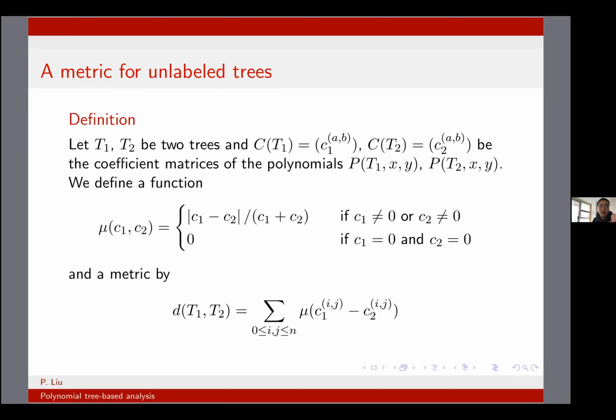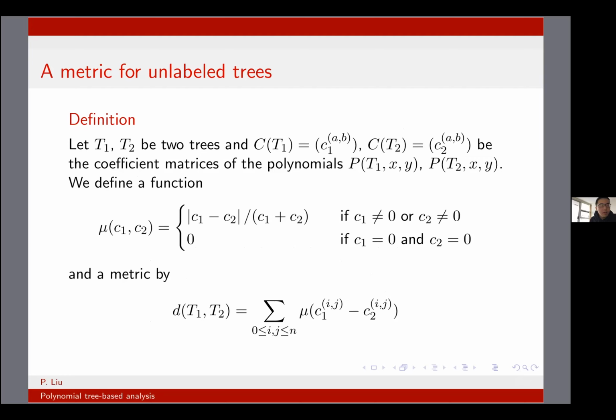And then we define a metric for unlabeled trees. The metric is basically, we find the corresponding coefficients, take the absolute value of their differences and divide by their sum, so that we have some good properties of this metric. And I'll say more about that later.